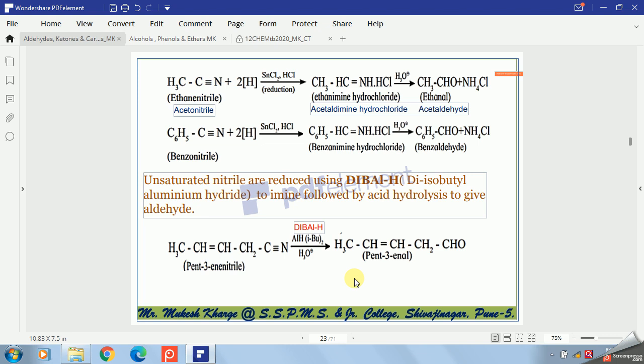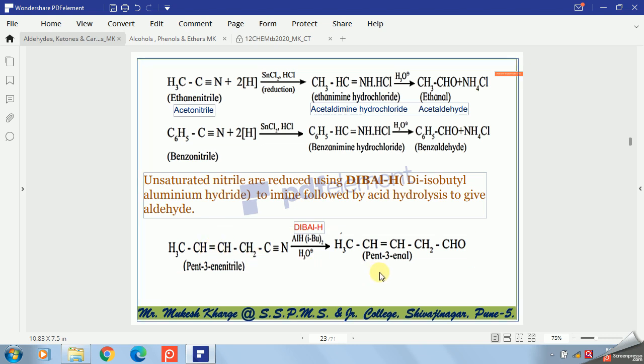Okay, then so I think all of you understood the reagent. And what is the important thing? The double bond between two carbons gets maintained. This double bond cannot be reduced, and that's why we have to use diisobutyl aluminum hydride. If you use the previous reagent, it can reduce this double bond also.